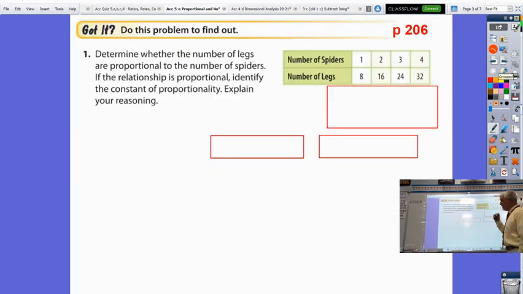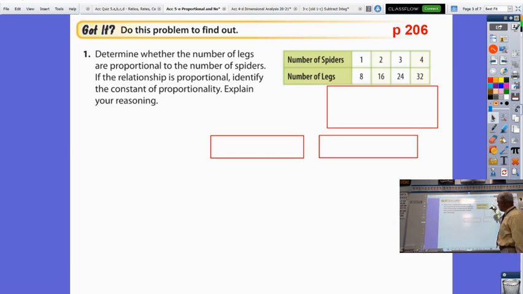So here's a Got It problem for you to do. Are the number of legs proportional to the number of spiders? Seems kind of common sense that would be true, but okay, the work that you have to show for this is each of the ratios. This one's not spiders per leg, right? I wouldn't write 1 divided by 8 here.